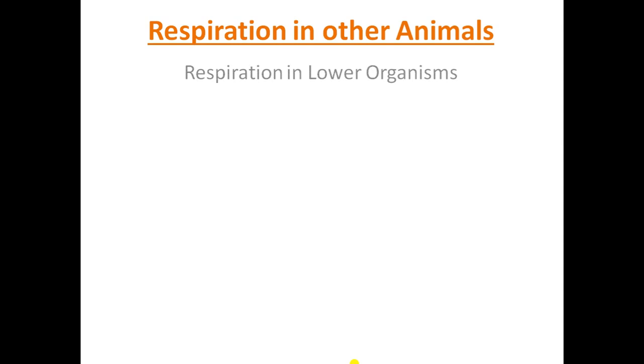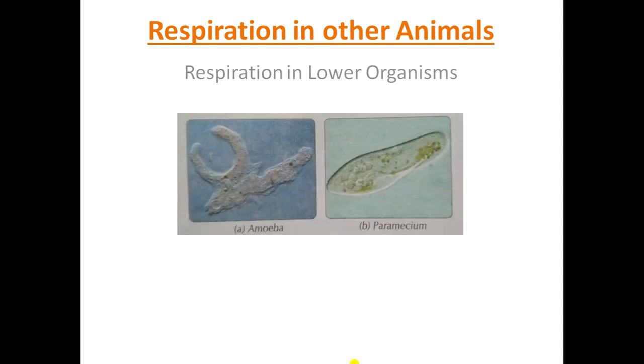Let us start with the microorganisms, and I hope with the help of the picture you are able to recognize these two microorganisms which we had already studied earlier in the chapter nutrition in animals. Do you remember amoeba? And do you remember what these finger-like projections in the picture are? Yes, they are called false feet, pseudopodia.